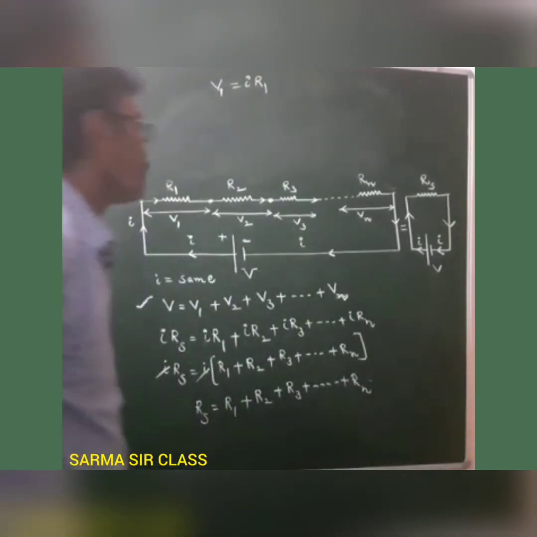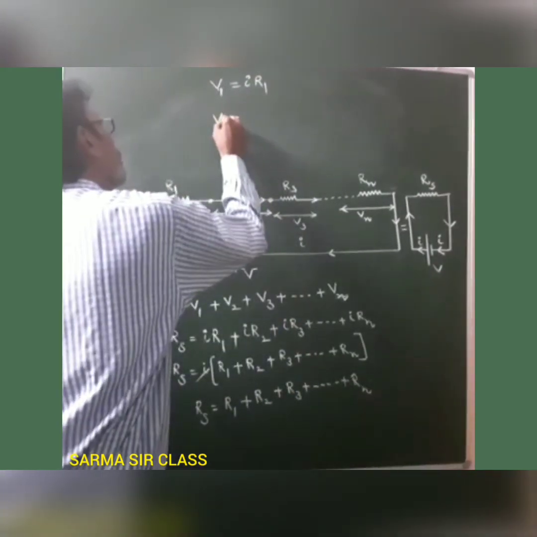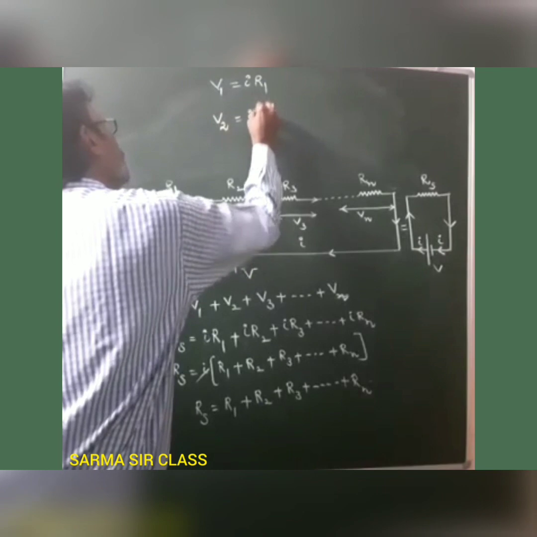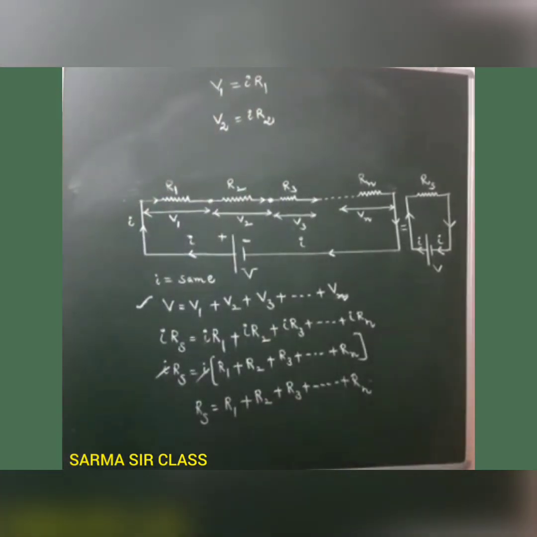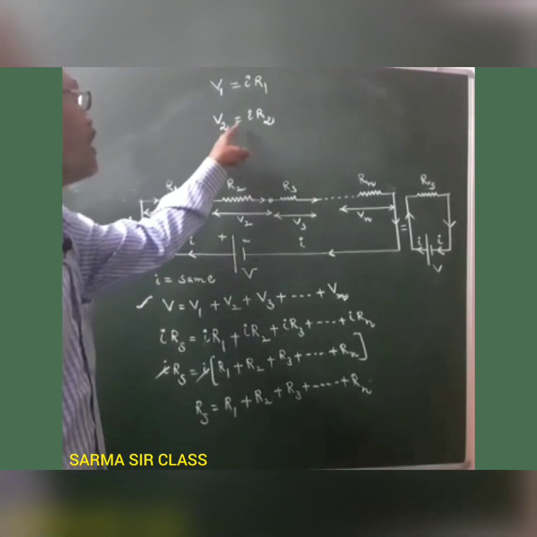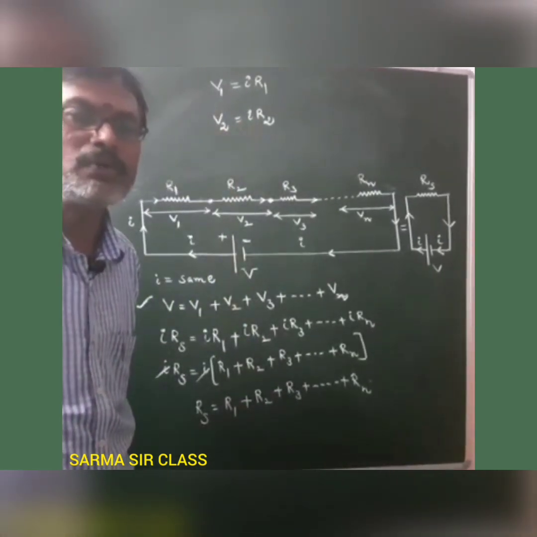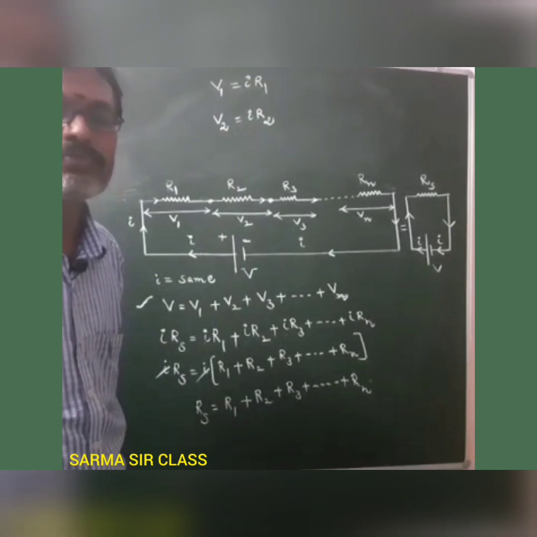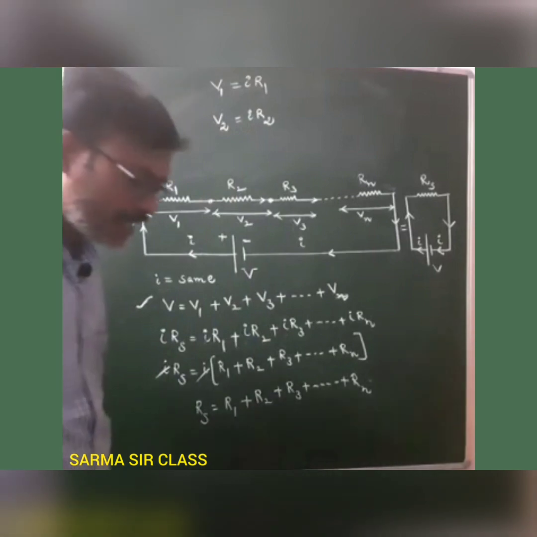Next line. The potential difference across the second resistor is V2 equal to IR2. Next line, write down.